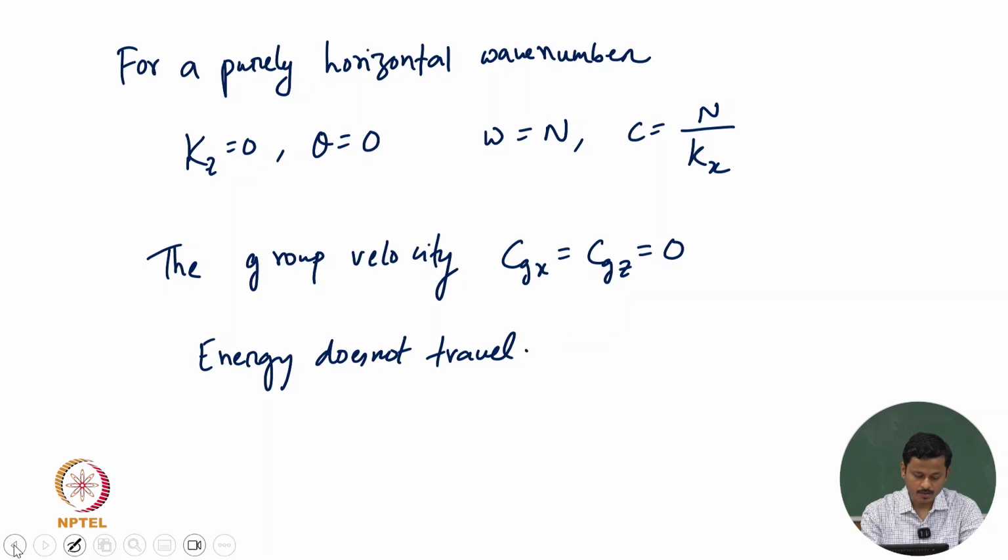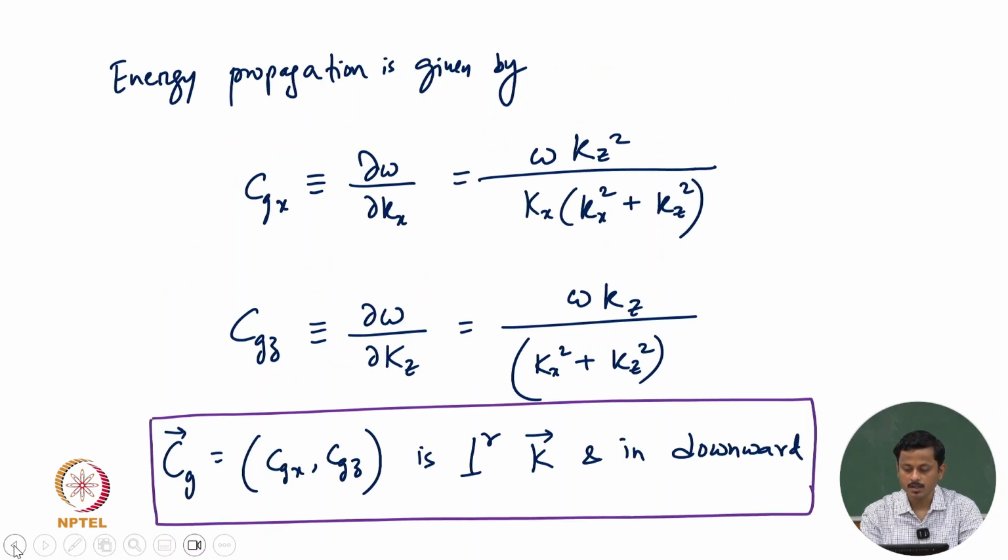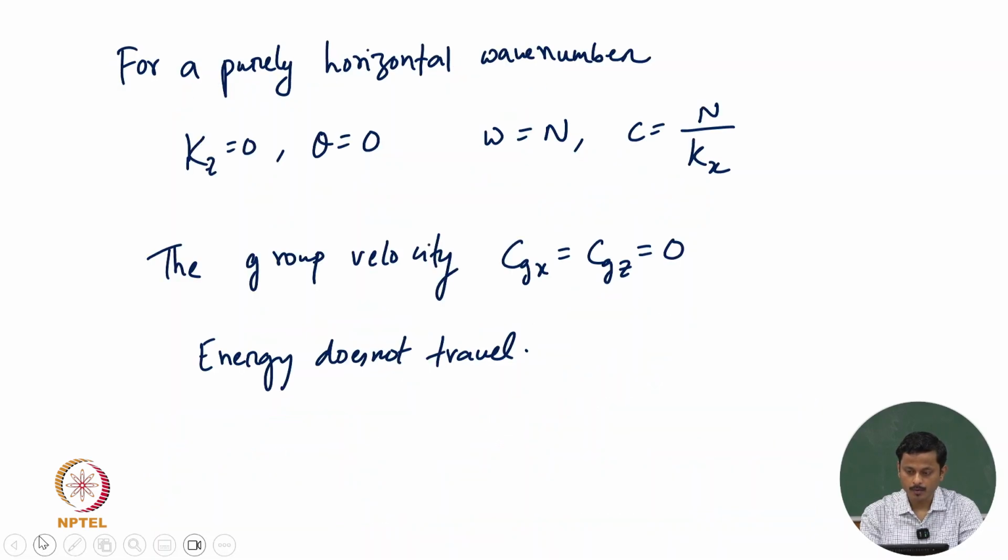Why is it so? We just derived the form of the group velocity cgx and cgz for a purely horizontal wave number, that is kz is equal to 0. There is no variation in the z direction of the wave.